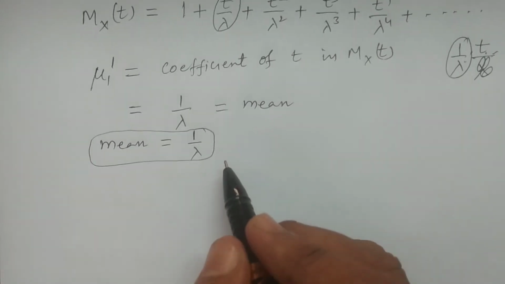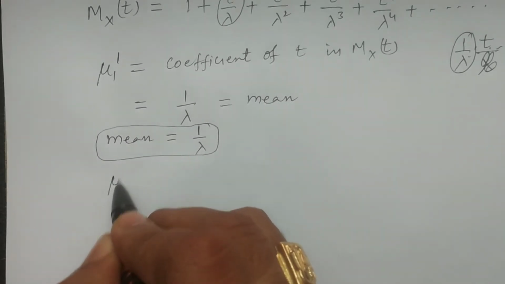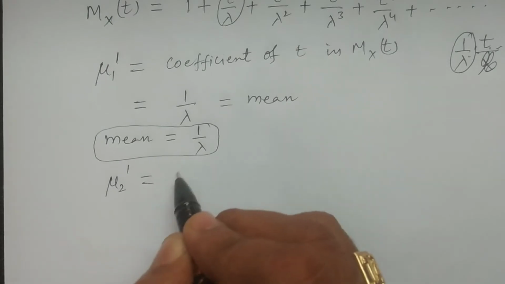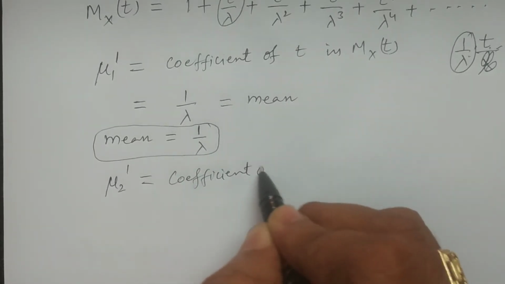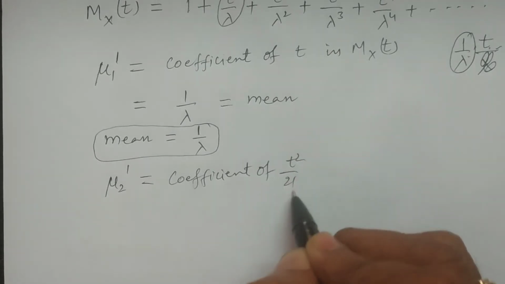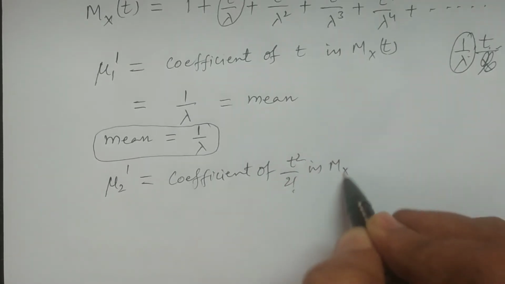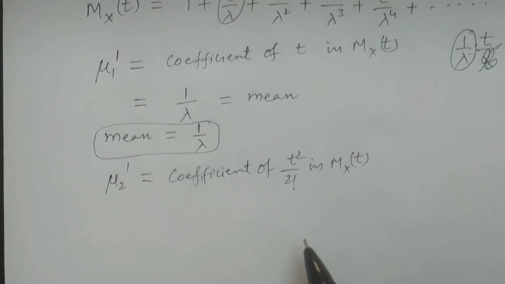Now we start the calculation of mu2'. What is mu2'? It is the coefficient of t^2/2! in the moment generating function of the exponential distribution.